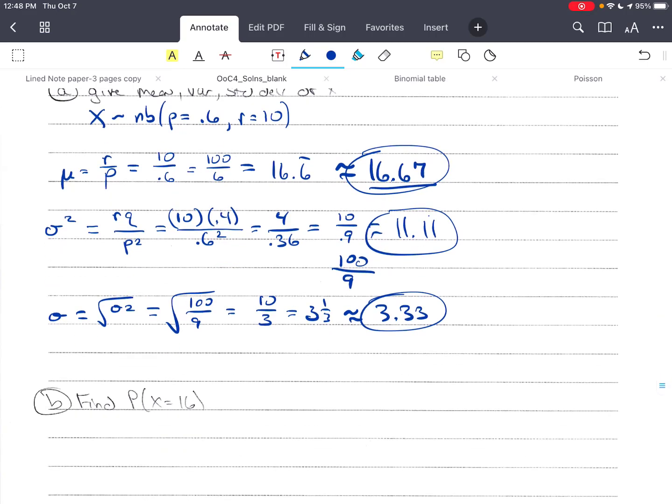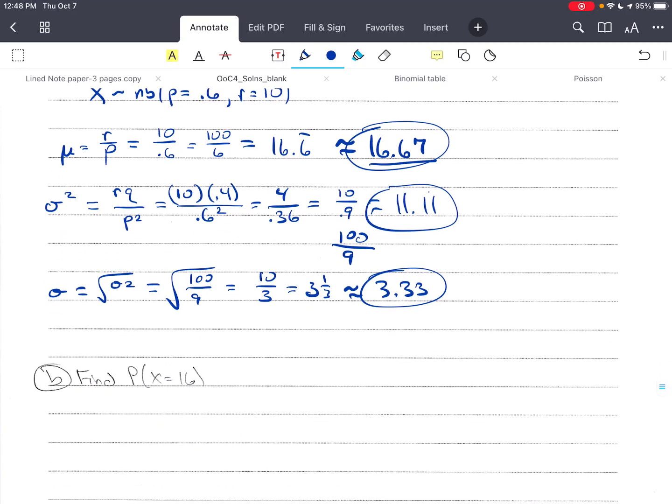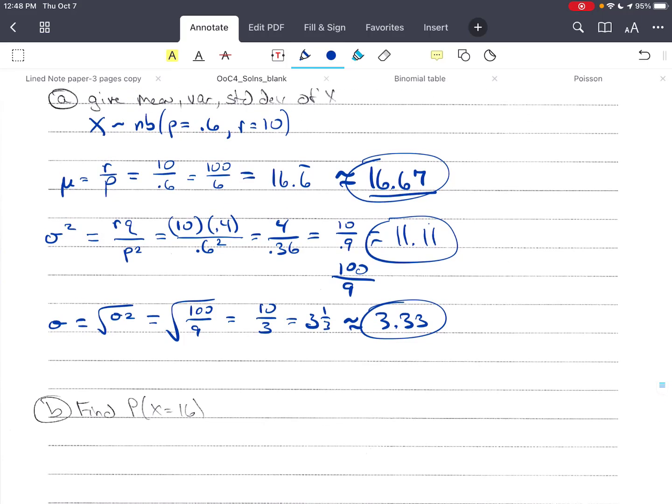Okay. Now we want to find the probability that x is equal to 16. So this is going to be x minus 1 choose r minus 1, p to the r, q to the x minus r, which is going to be 15 choose 9 times 0.6 to the r, which is 10, and 0.4 to the 16 minus 10, or 6.